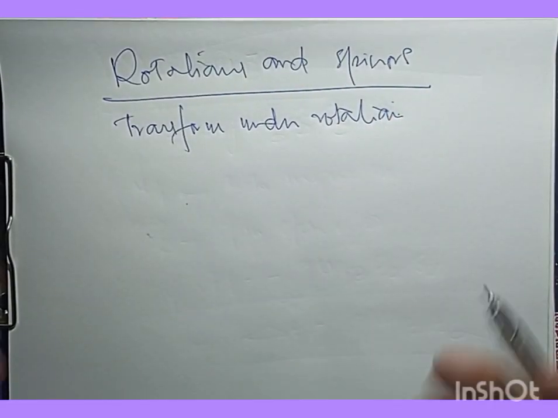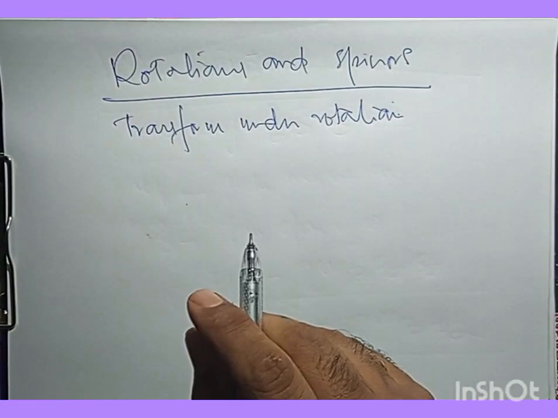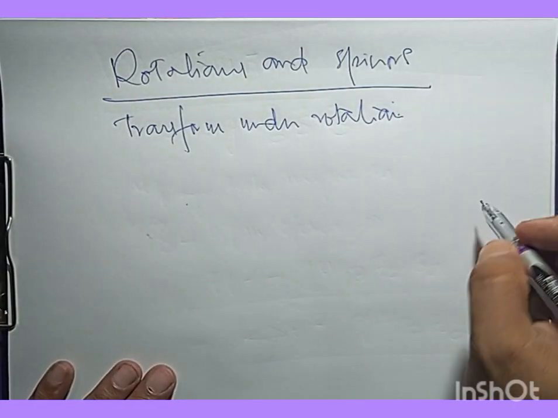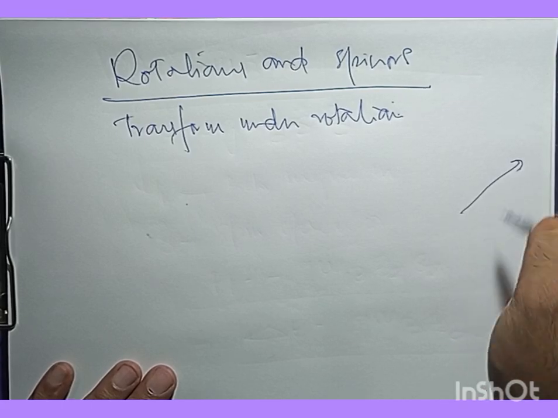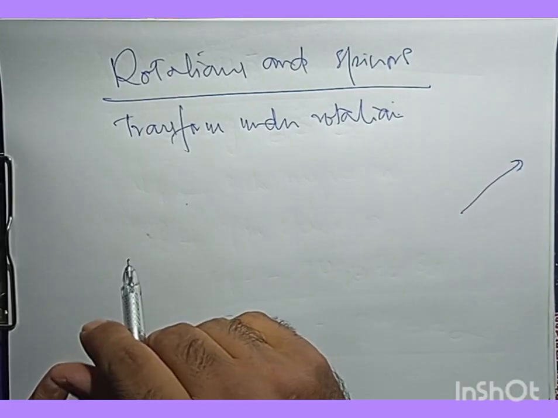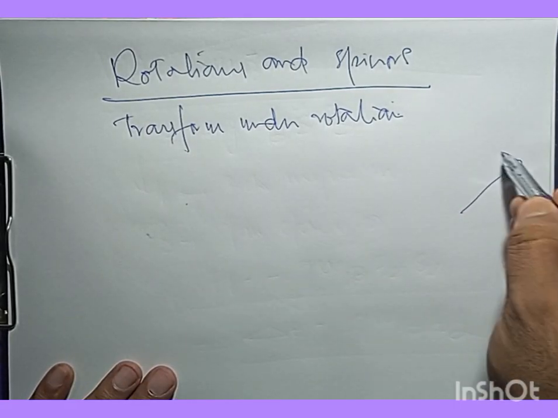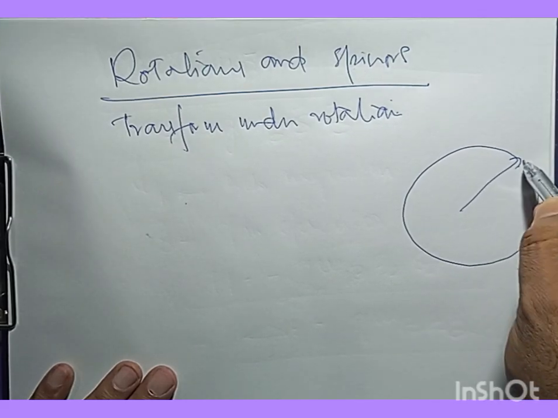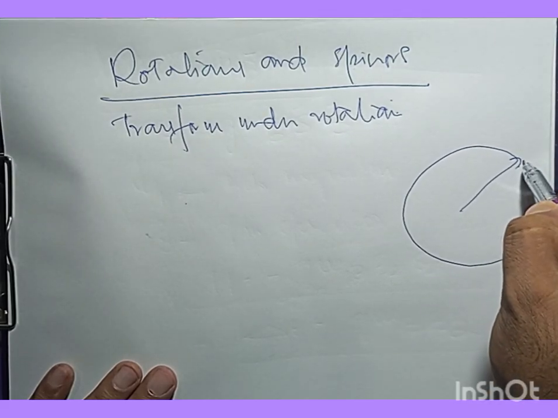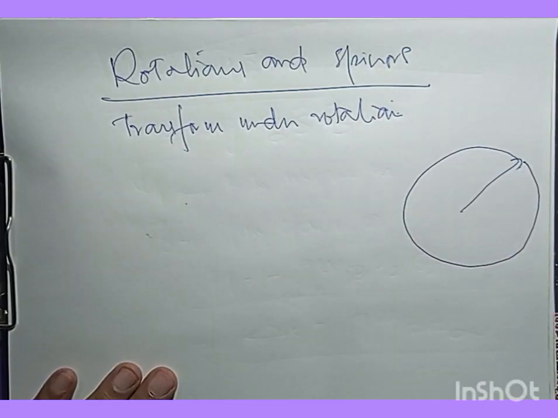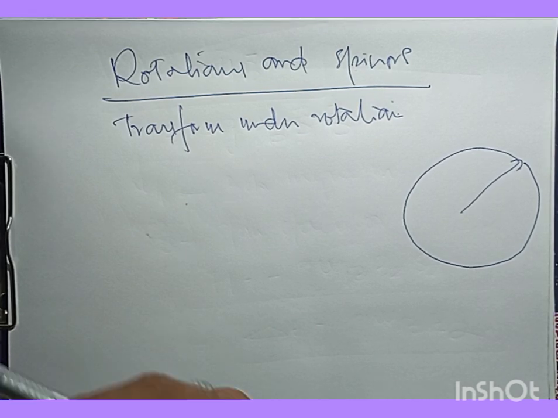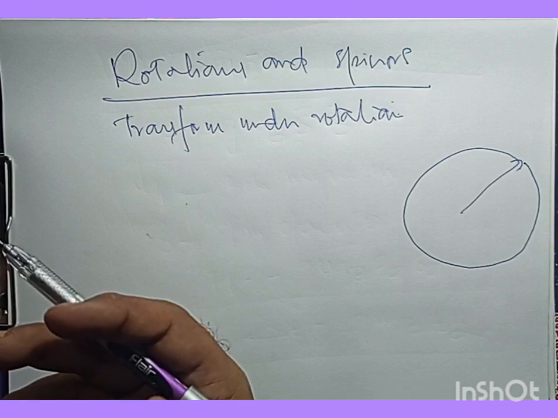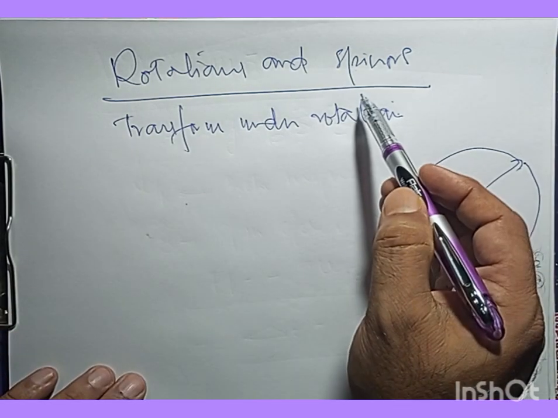Now, if we take the common classical view and we rotate a classical vector by 360 degrees, it's going to come back to its original position. But that's not the case when you rotate the spin of the particle, which is represented by a spinor.